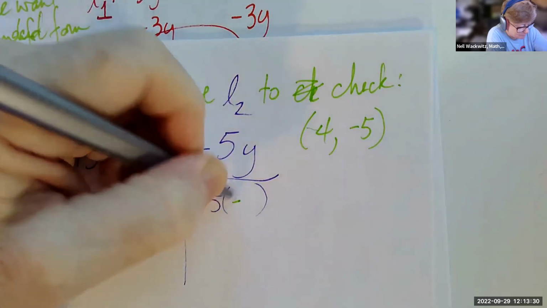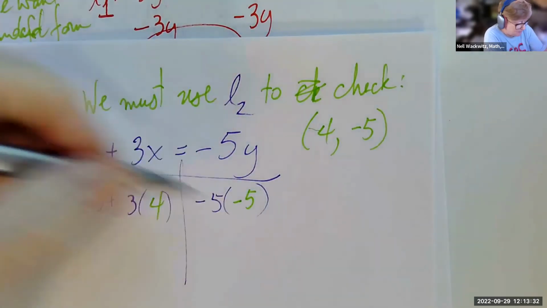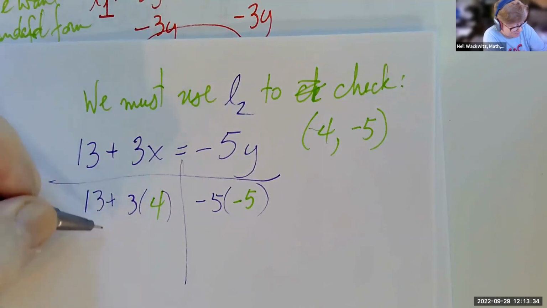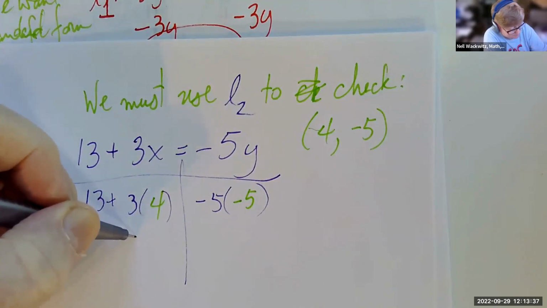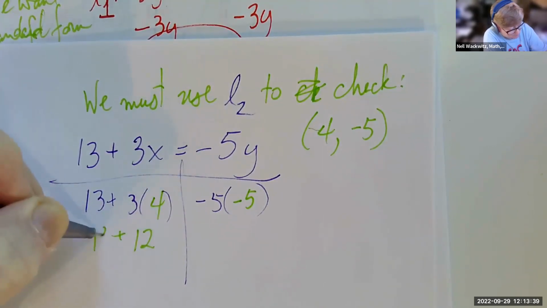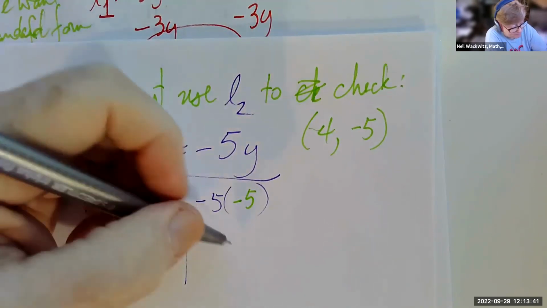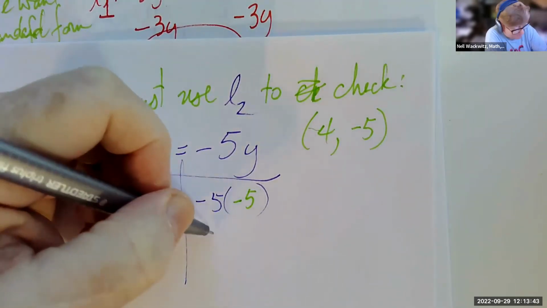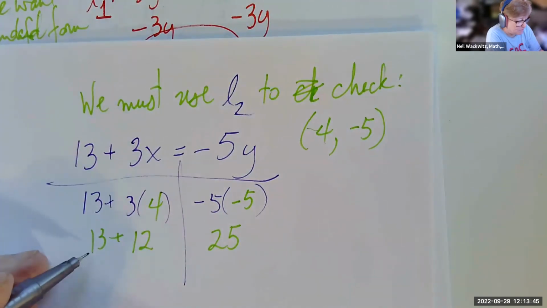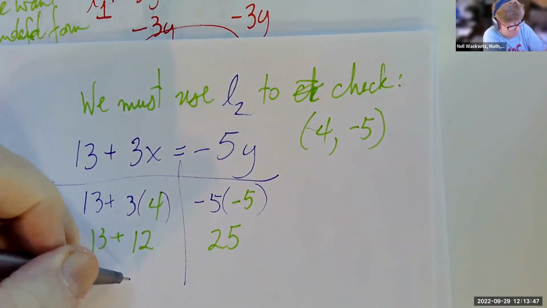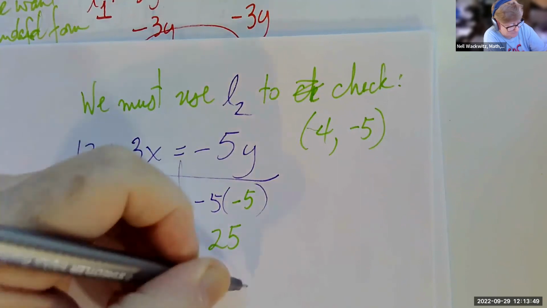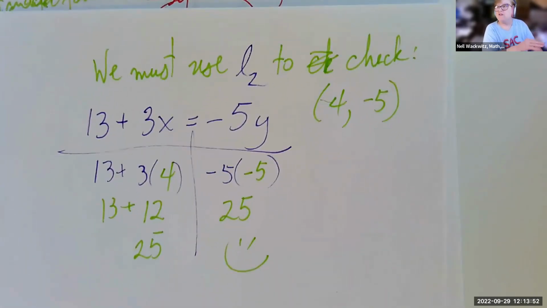Marvelous. 3 times 4, 12. Negative 5 times negative 5, 25. 13 plus 12, 25. Yay. That was a great way to finish.